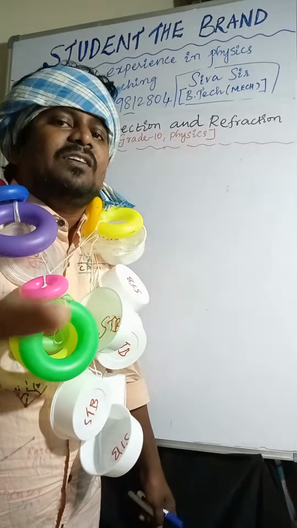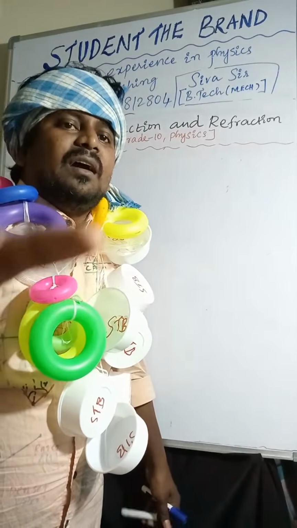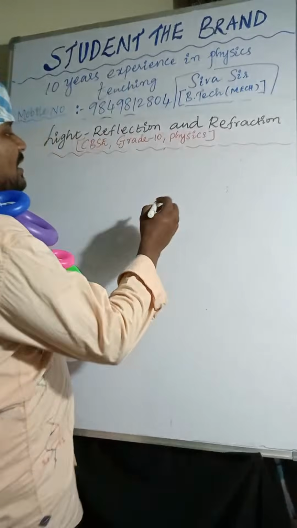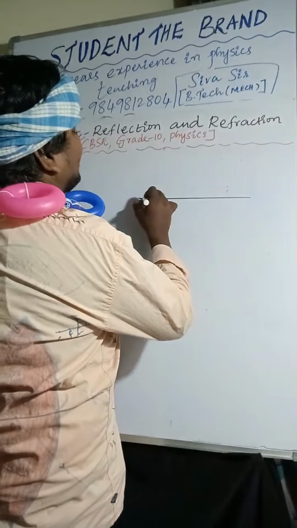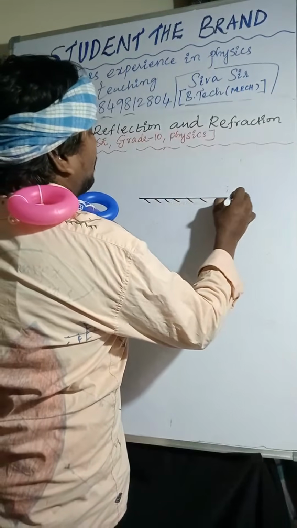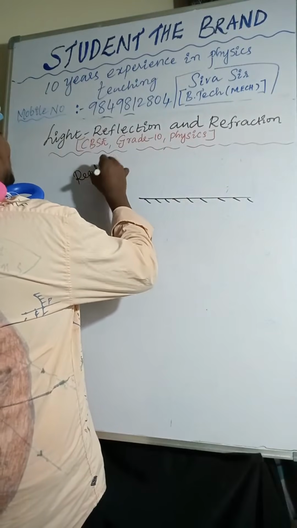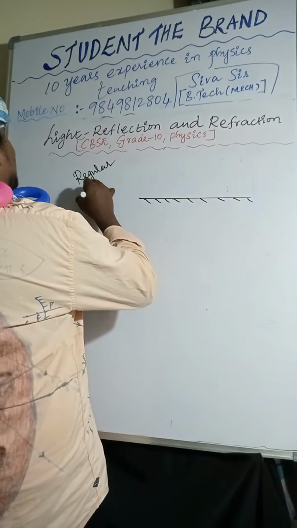This type of reflection is called regular reflection. If the incident light rays are parallel, then the reflected light rays are also parallel to each other.